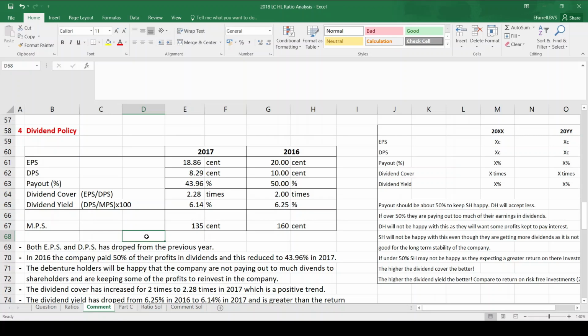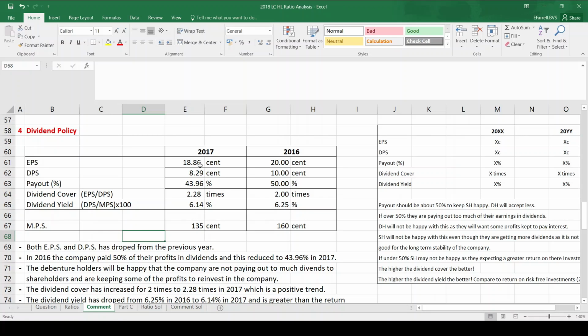From the point of view of shareholders, you might think they would like a really high return, but they would probably be happy with around 50% because they're getting a return and they're also keeping an eye on the long-term stability of the company. If they're getting a payout of 80%, it'll be good for a year or two, but it won't be good in the long term. So around 50% is good.